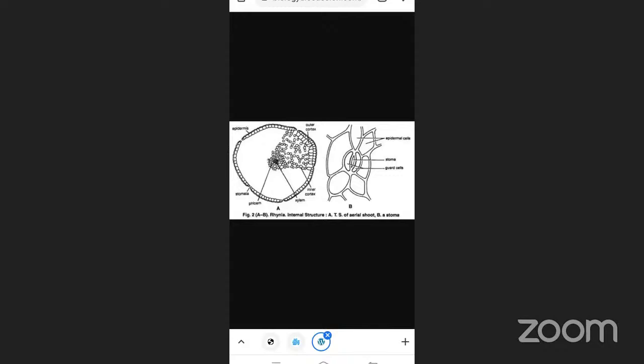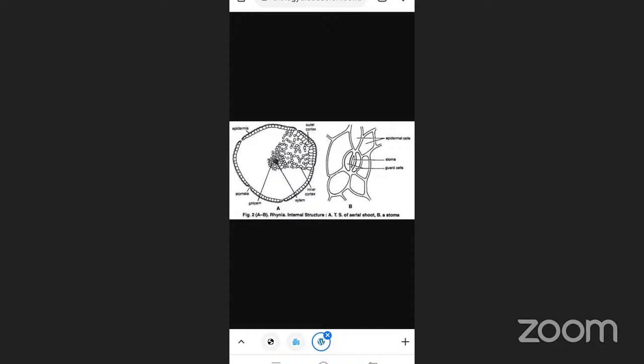Below the epidermis, one area is there, that is the cortex cells. These are polygonal and spherical cells, with intercellular space present, and the cortex was differentiated into hypodermis and inner cortex.